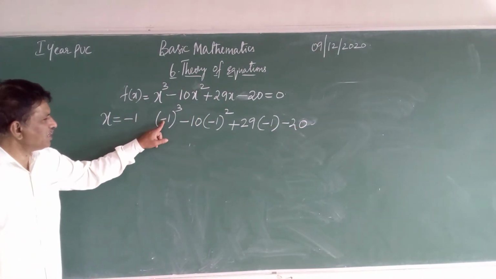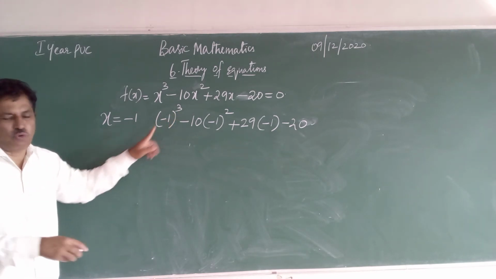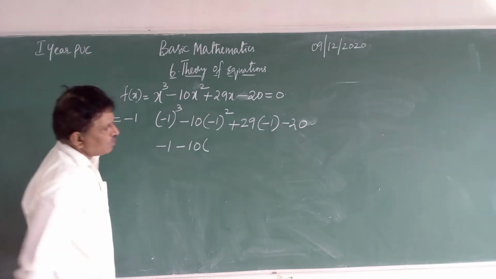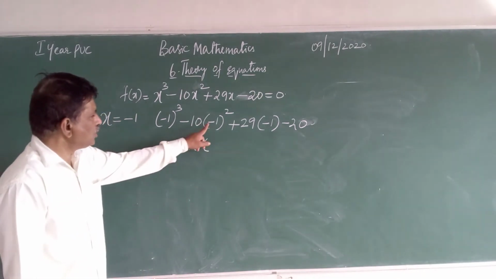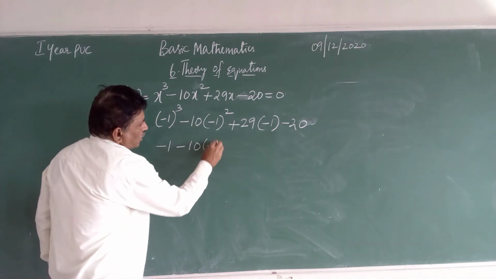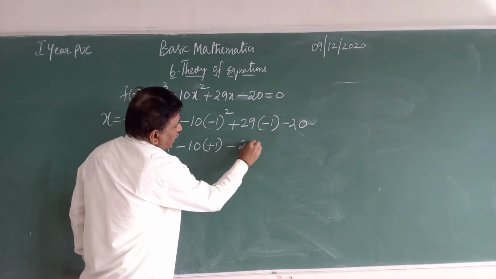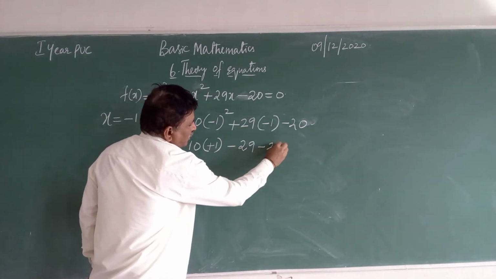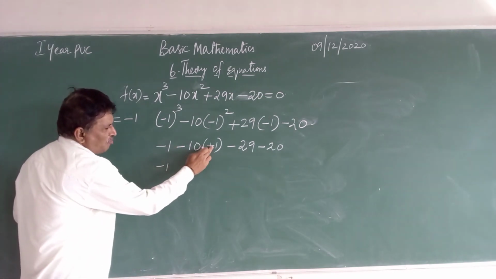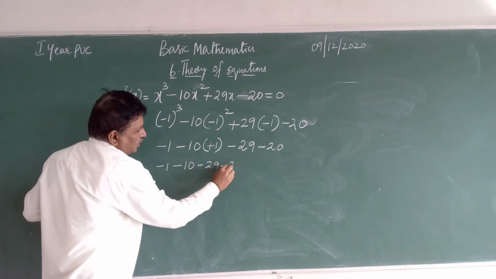Since it is a cube, negative will be negative only: minus 1 minus 10. Since it is a square, negative will become positive: plus 1. Now plus into minus, minus 29 minus 20. So very clearly minus 1 minus 10 minus 29 minus 20.